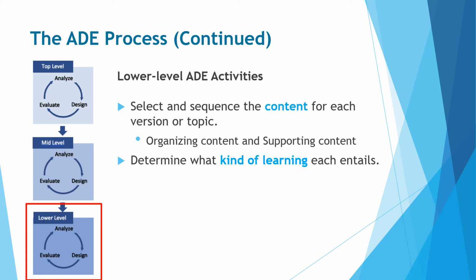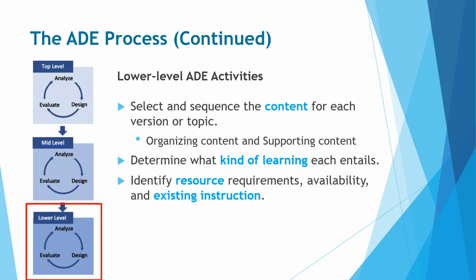The next activity is to determine the kind of learning for each piece of content, because that strongly influences the design of instruction for each. But before designing the instruction, it is helpful to check on your resource requirements and their availability, and also to see if there is existing instruction that fits your situation.